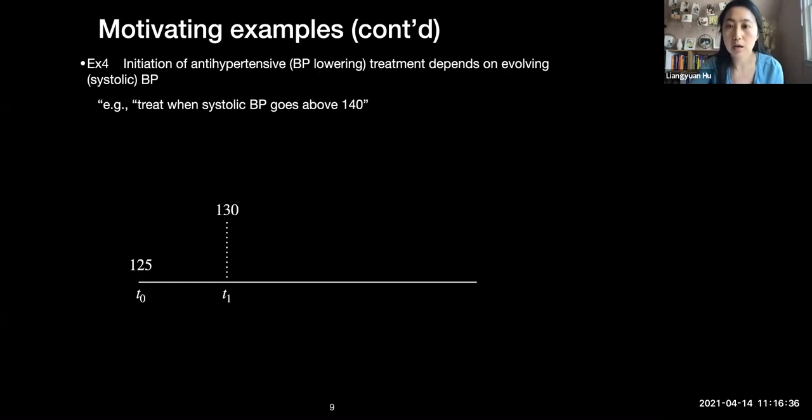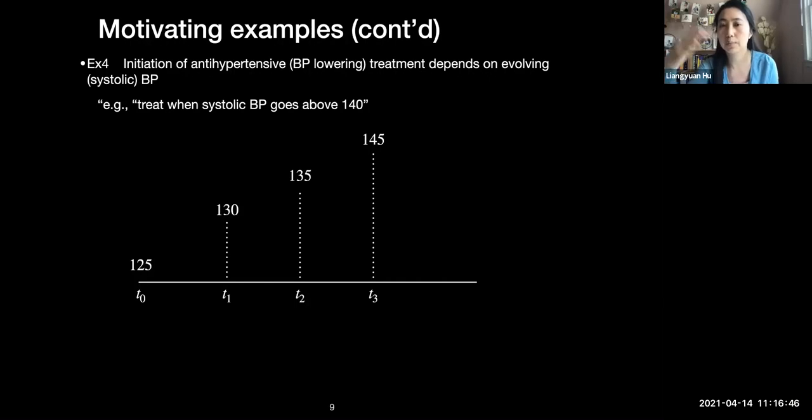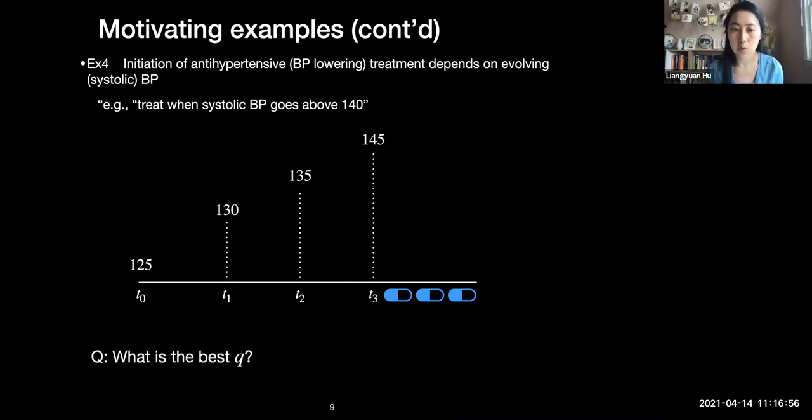Next visit went up to 130. Next visit increased to 135, and the final visit reached 145, which was above the threshold. From this time onward, the person started to take the antihypertensive medications. And the question again is, what is the best threshold Q? And actually, this is an unsolved question, especially among the very young population and the frail old population. There's just a lack of direct evidence from randomized controlled trials.